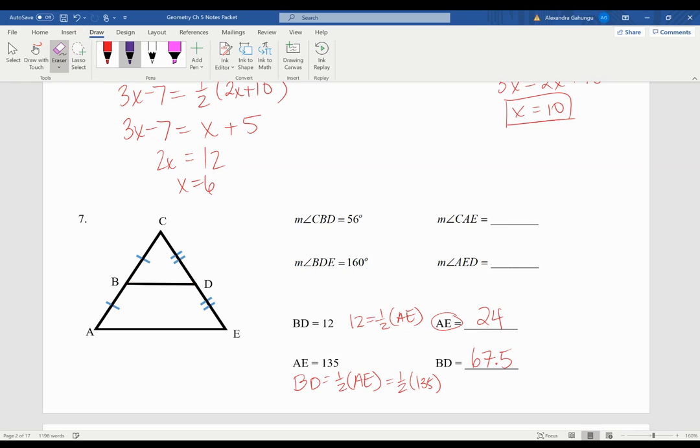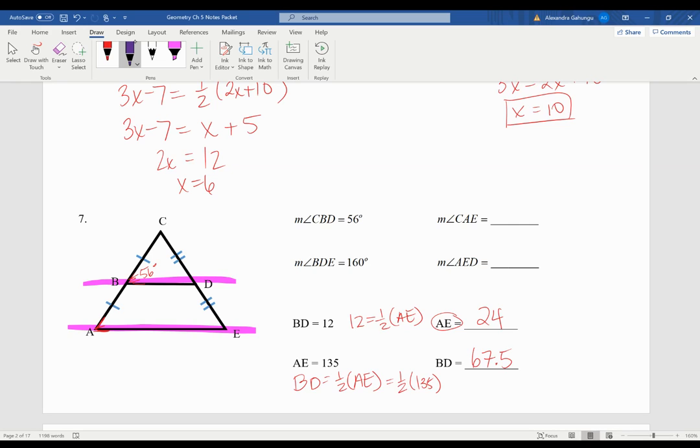Finding the angles here. We've got CBD. This angle is 56. And I need CAE, so this angle. What we have to keep in mind is that we have parallel lines here. And when we have parallel lines, there's special angles that we take into account. We had like our alternate interior, corresponding, same side interior.